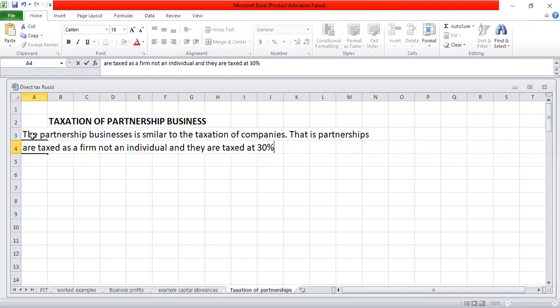The same way we tax companies is the same way we tax partnership businesses. The same way you tax cooperatives and other associations, you tax them the same way.